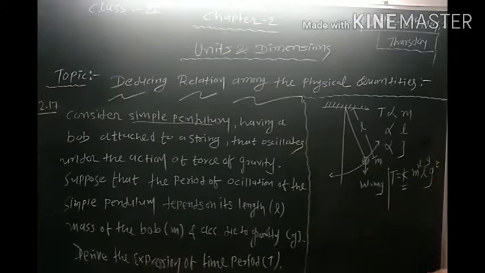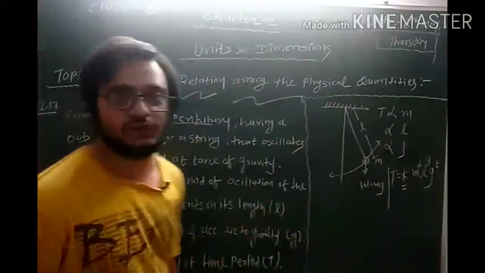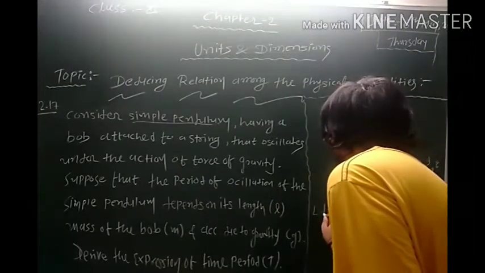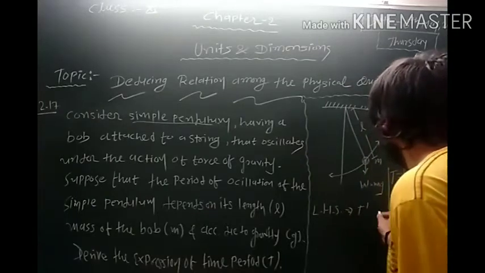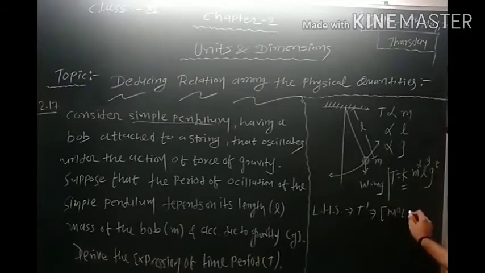Now we can write the dimensional formula of this equation. First of all, the dimensional formula of LHS, which is T raised to 1. So the dimensional formula of time period is M raised to 0, L raised to 0 and T raised to 1.